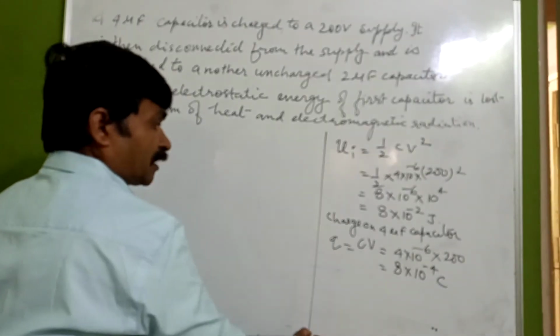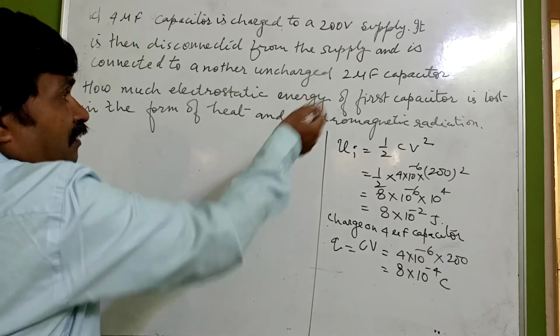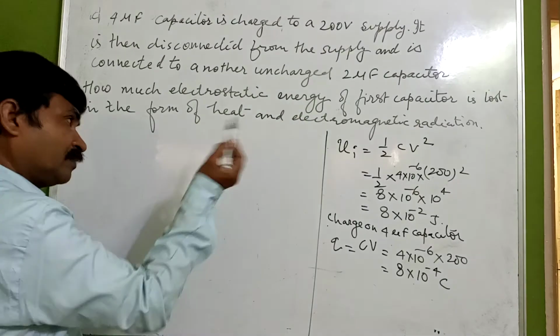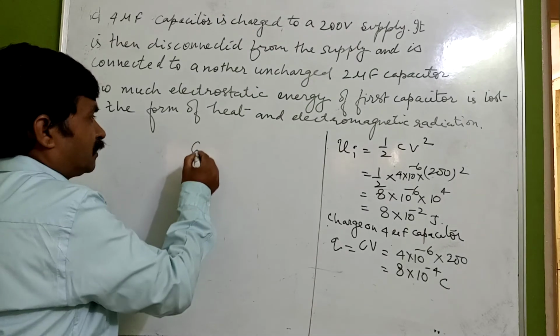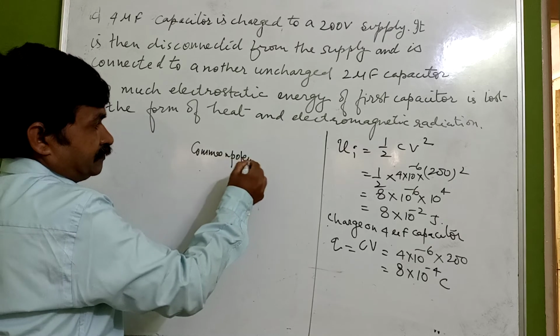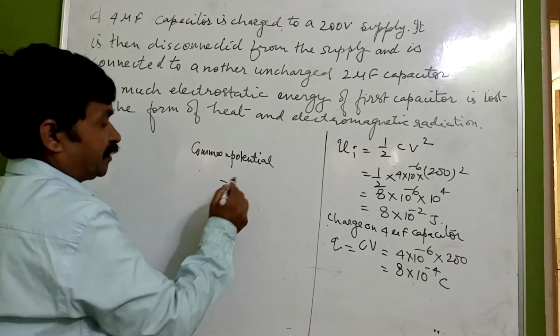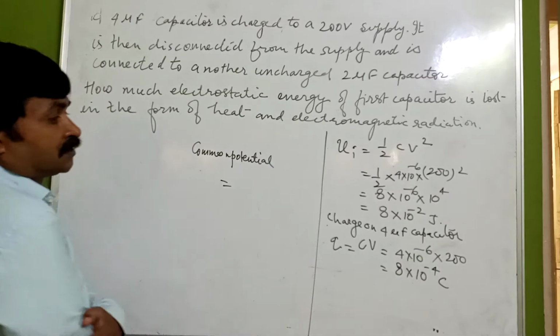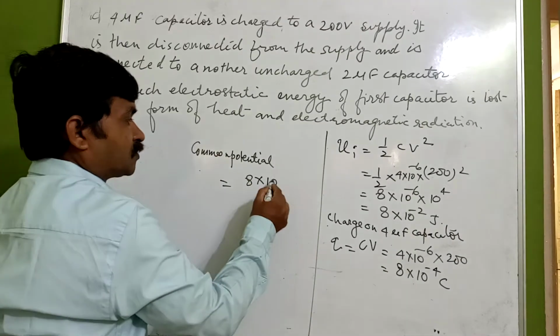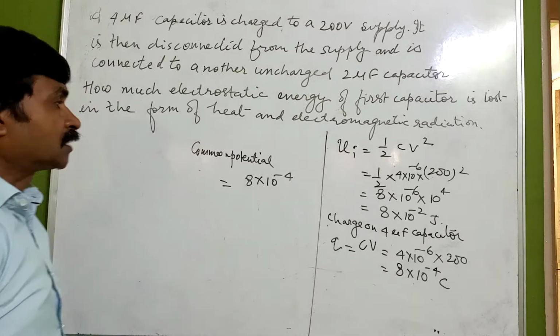Now when we are connecting this capacitor with another capacitor, there will be a common potential. So we will calculate that common potential. Common potential will be total charge, that is 8 into 10 raised to the power minus 4, divided by total capacitance.